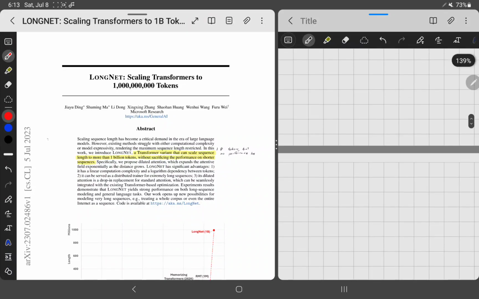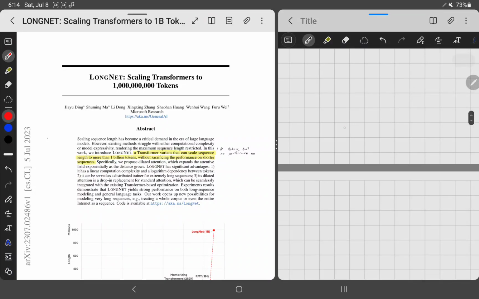Now, if we look at the sequence, you can see I have tokens A, B, and C. If I draw out the attention matrix, all tokens attend to every other token, and that means there's a quadratic complexity. Our sequence length is 3, and our attention matrix is 9, so quadratic.